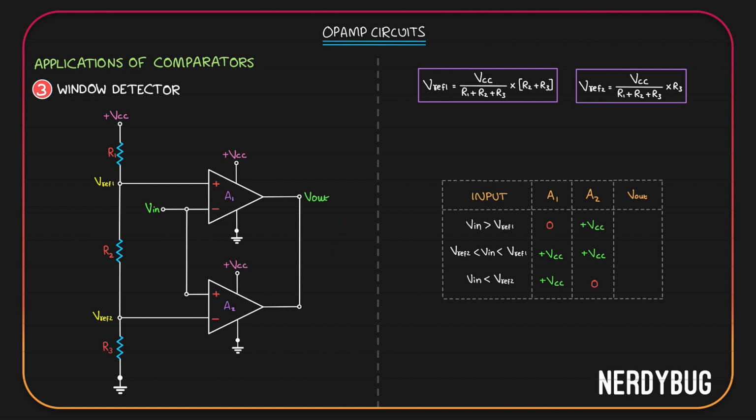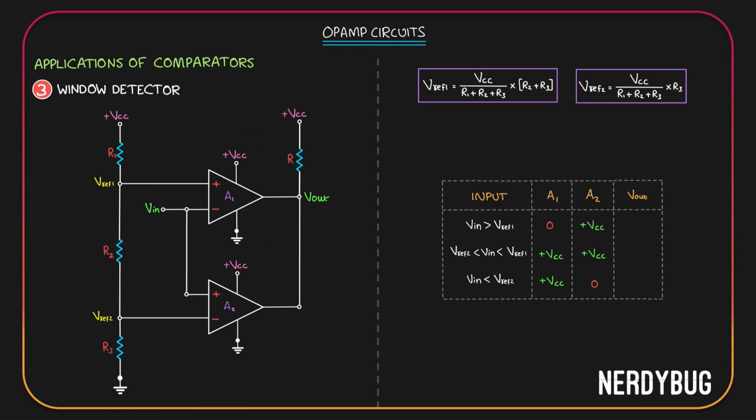To understand how this works, we might have to get inside the op-amp a little bit. Also, before we do that, we'll have to add a resistor over here to VCC. You must have noticed, instead of taking plus VCC and minus VCC, this time I have taken plus VCC and 0 for both op-amps.